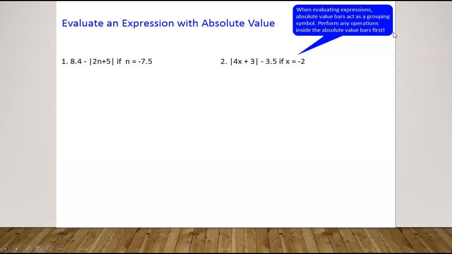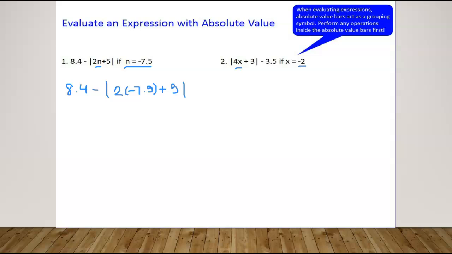At the beginning of the chapter, we started with evaluating expressions by plugging a number in for a variable. We're going to continue to do that now, but we're going to do that with absolute values. So we have 8.4 minus absolute value 2 times negative 7.5 plus 5. So again, absolute values kind of act like parentheses.